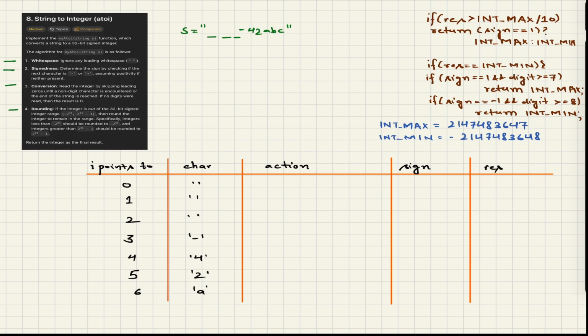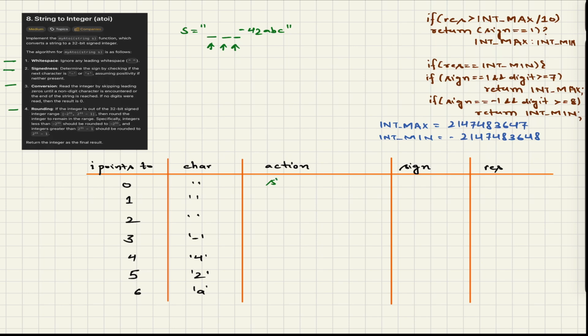What I'll do is normally start a while loop, and I'll first see if I have any empty spaces. My action would be to ignore it and keep increasing my i. So let's say my i points to 0, my character is an empty space.